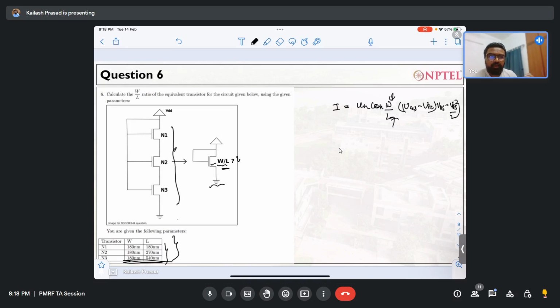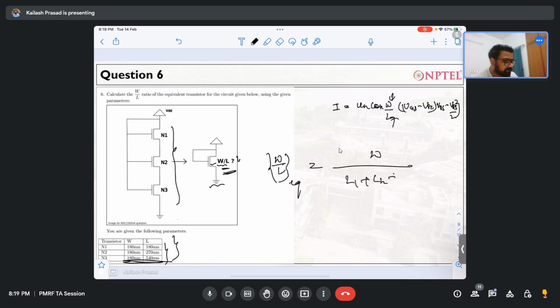In class it has been taught that whenever we have a stack of transistors having the same gate voltage, if you solve the equation, you will get the equivalent W by L. Because all the transistors have the same W, W remains the same, but L becomes L1 plus L2 plus L3.